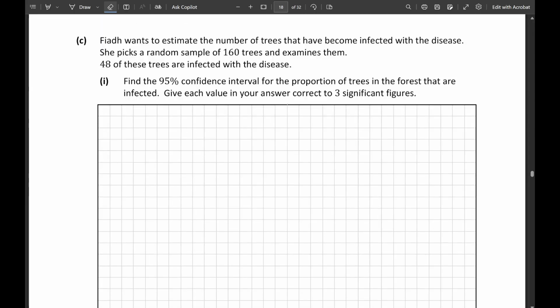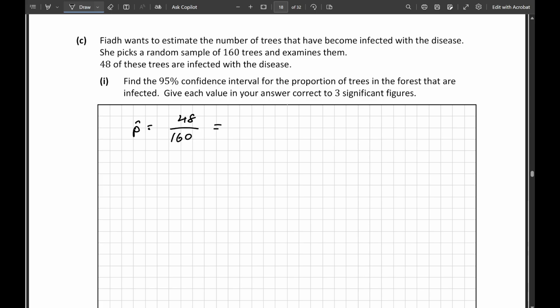The number of trees infected with the disease: she picks a sample of 160 trees and examines them, and 48 are infected. Okay, so this is a p hat kind of question, not distribution. So p hat will just be the amount that are affected, so 48 over 160, which I presume is a nice number because they're both multiples of 6.